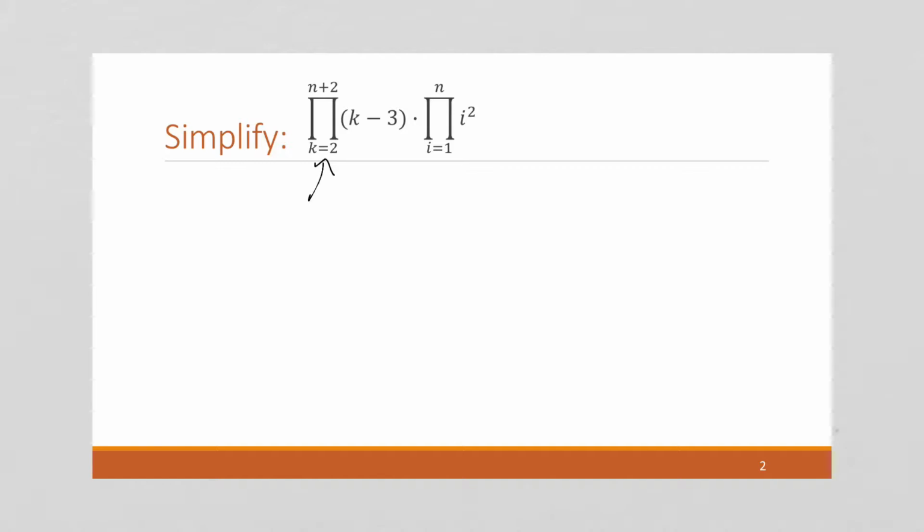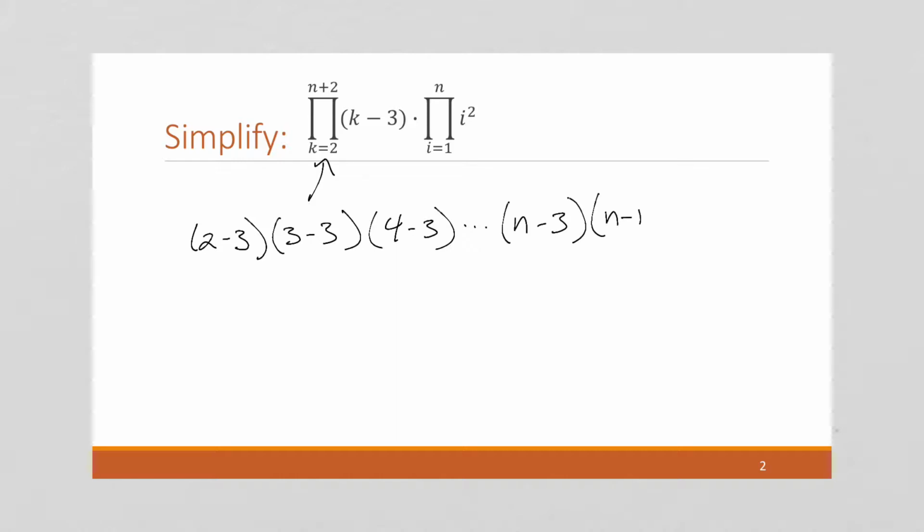If I take the first term, notice it already starts at 2. So if we were to expand this, actually, let's do it this way. This would be 2 minus 3 times 3 minus 3 times 4 minus 3 all the way up to n minus 3, n plus 1 minus 3, n plus 2 minus 3, right?